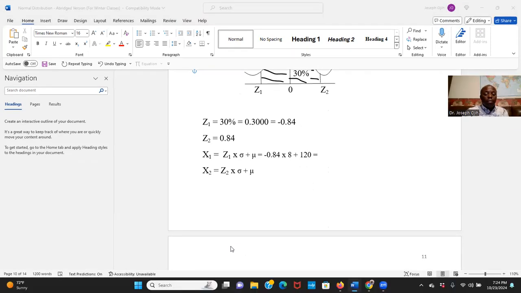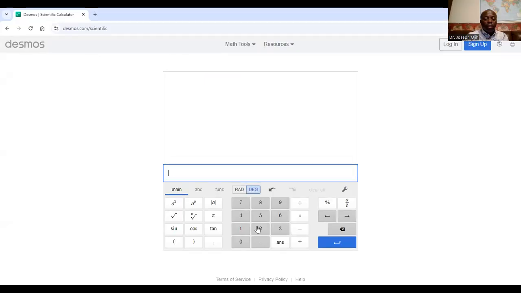Negative 0.84 times 8 plus 120, which is 113.28 millimeter of mercury.